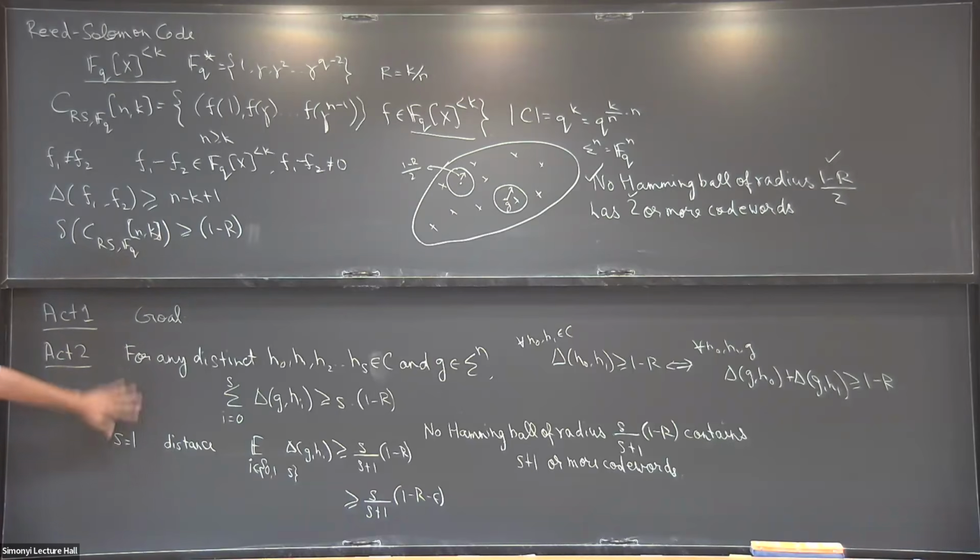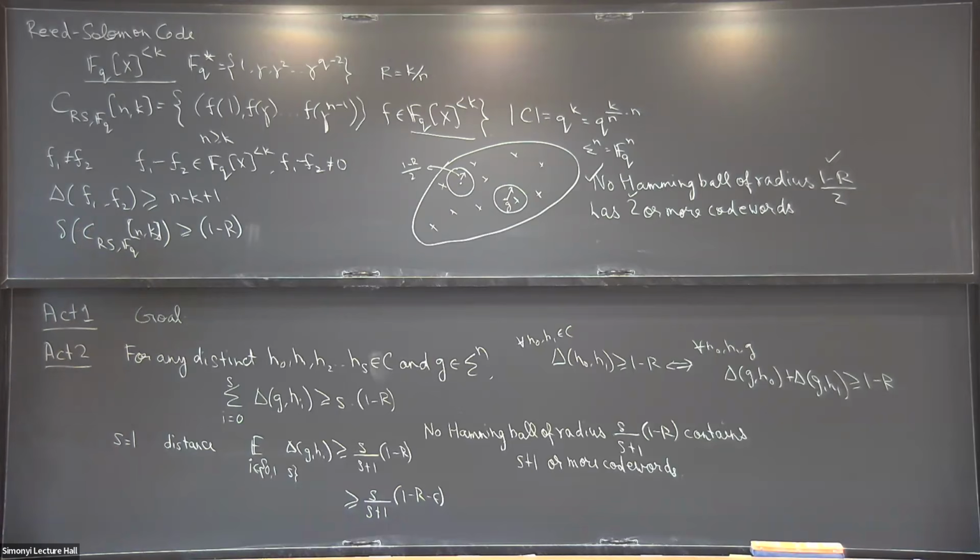Okay, but this is all setting out the goal. This is the kind of property we want from a code. I've not told you anything about what that code would look like. The hope is that because Reed-Solomon worked for S equals 1, maybe some variant of that will work. And we'll work towards that.